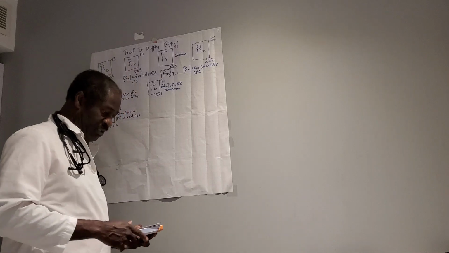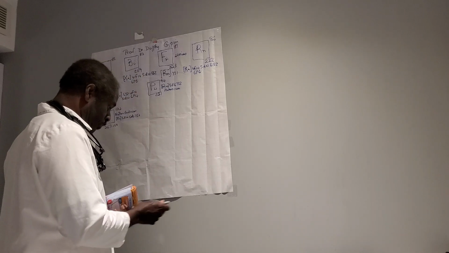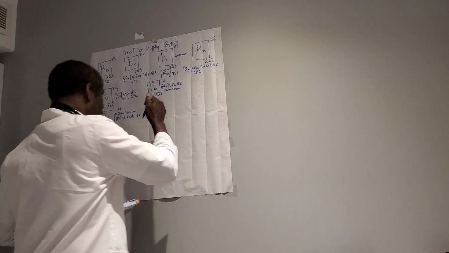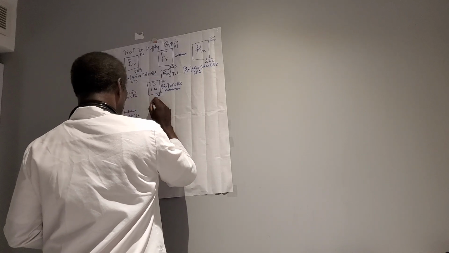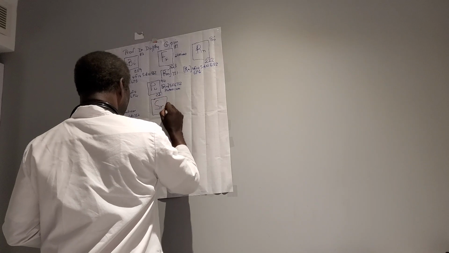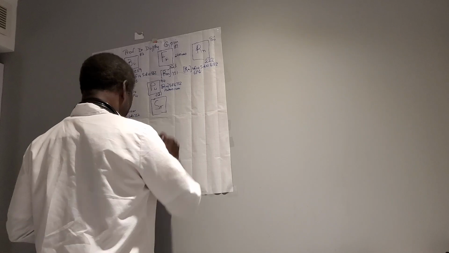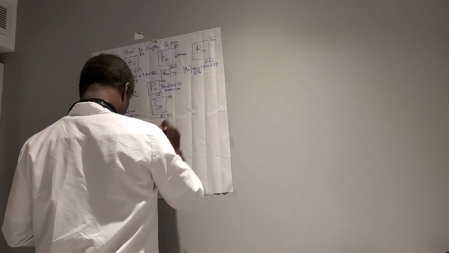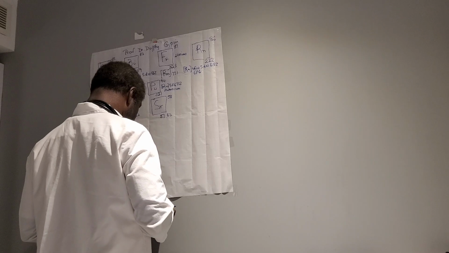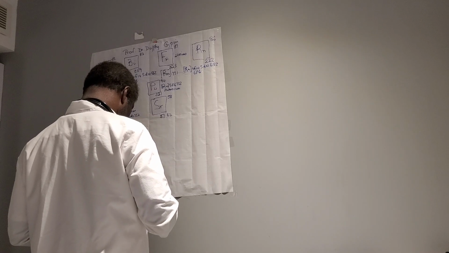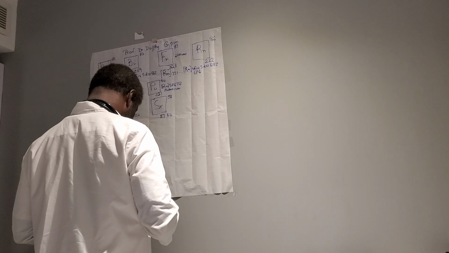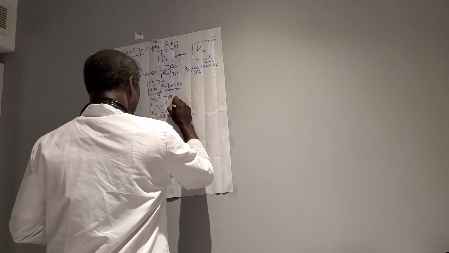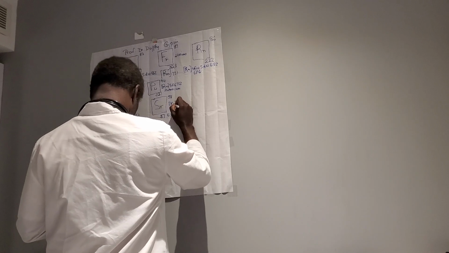The element that pops up here is Sr, strontium. And this has an atomic number of 38, atomic mass of 87.62, and electron configuration now of krypton, Kr, 5s2.